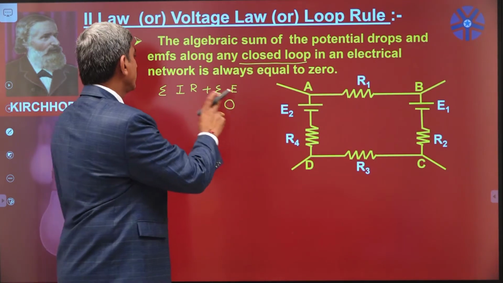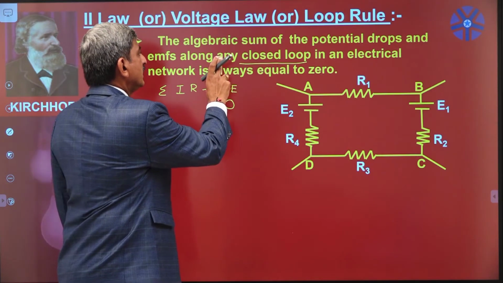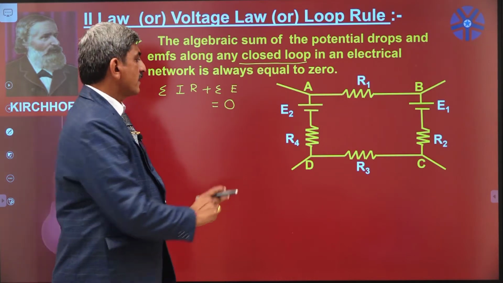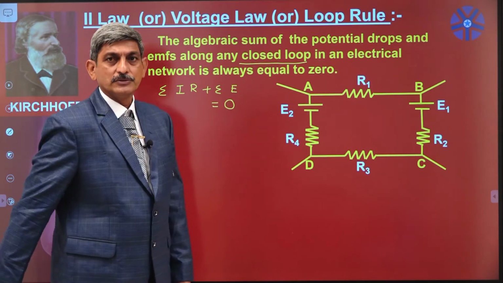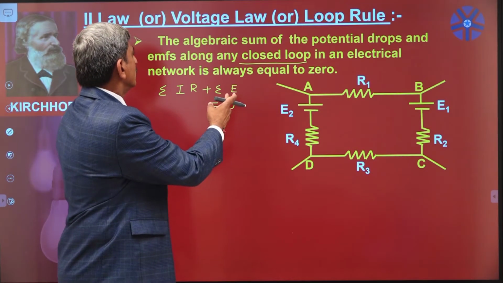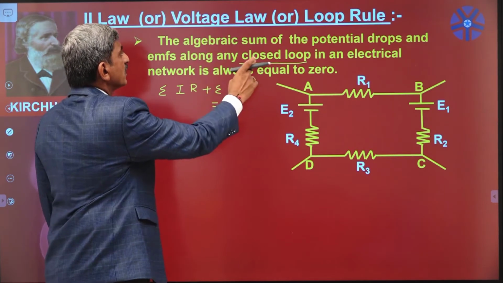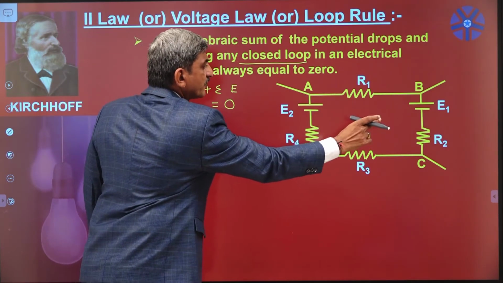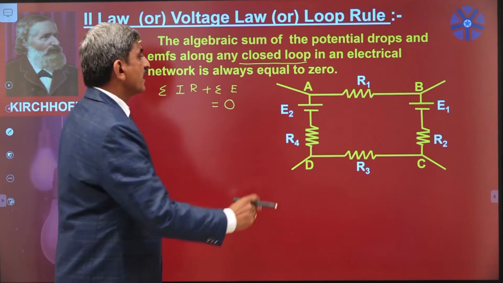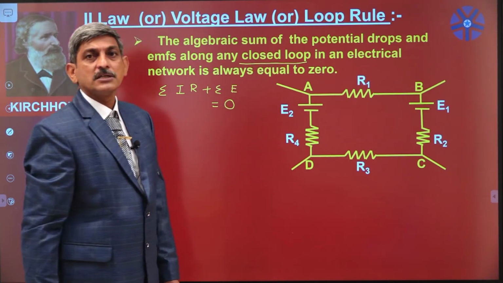So the algebraic sum of the potential drops and EMFs along any closed loop in an electrical network is always equal to 0. Here we are studying the voltages and EMFs in the circuit. That's why this is also called the voltage law, and this law is applied along a closed loop. That's why this is also called the loop rule.